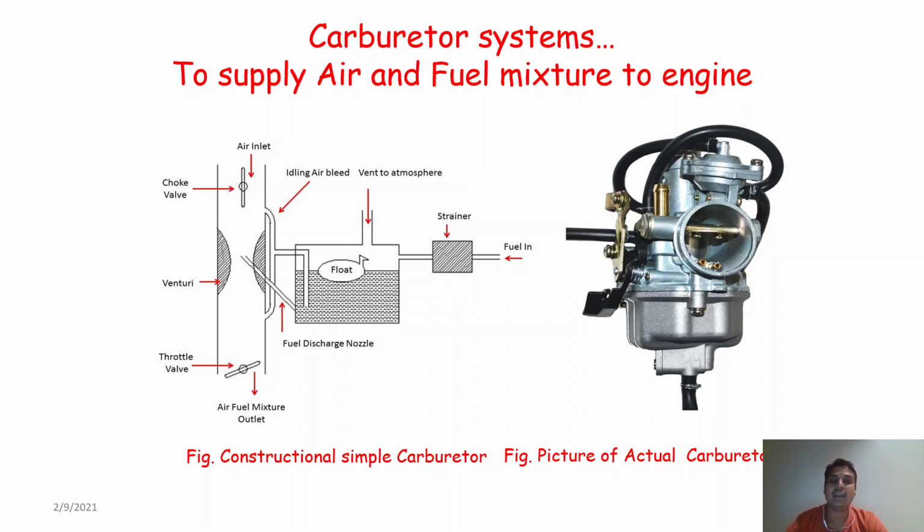In a two-stroke engine there are only two strokes, where suction and compression happen simultaneously, and expansion and exhaust happen simultaneously. We already thoroughly understood all these things in the last few videos of this subject, IC engines.